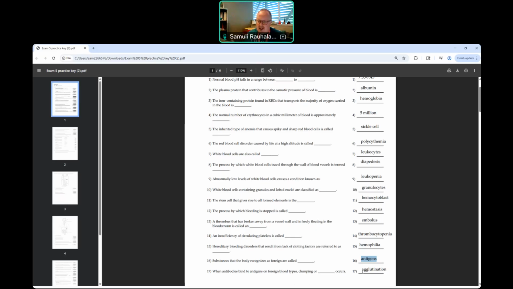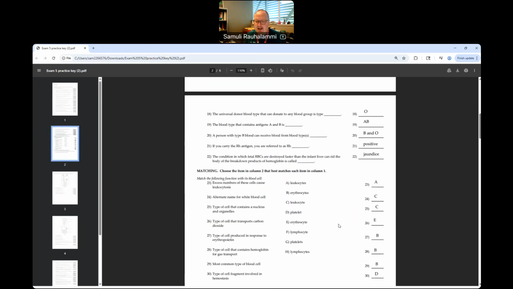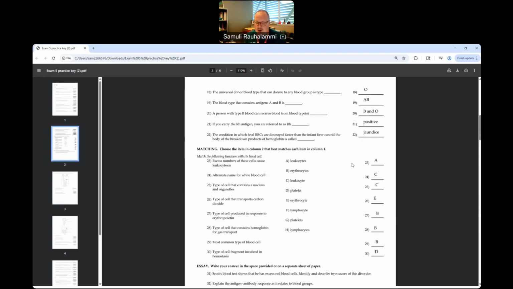And while we used the antigens on the surface of red blood cells to explain blood types, we see antigens on the surface of all cells. This in turn helped us to establish who can donate blood to whom.